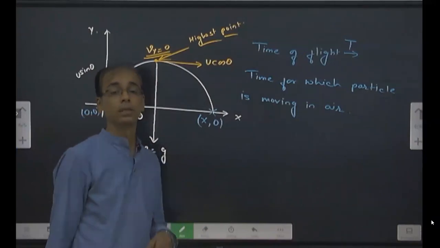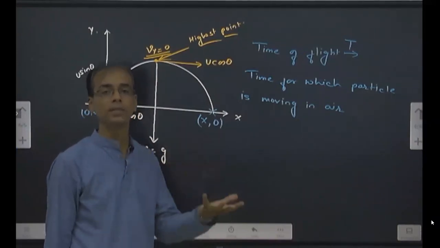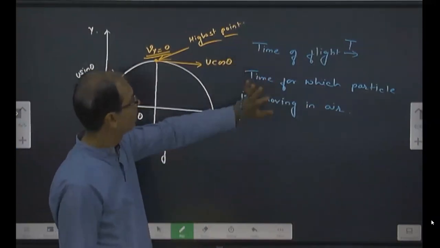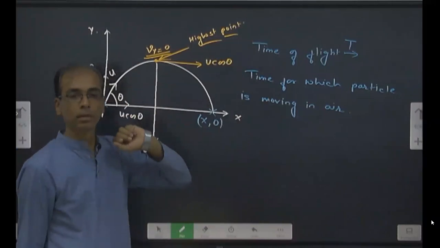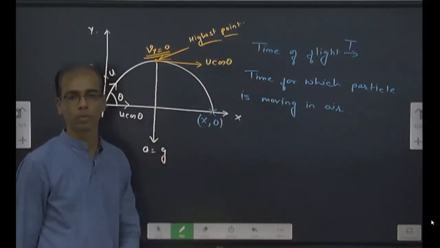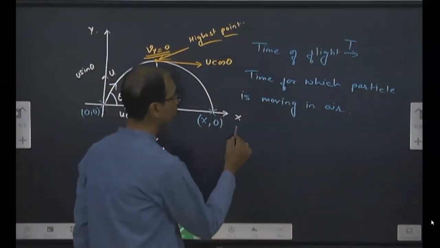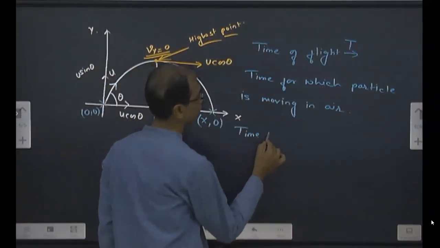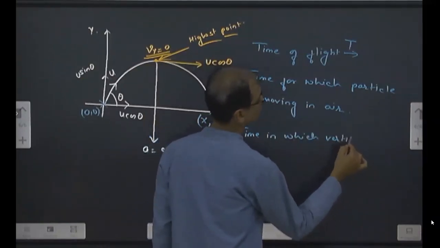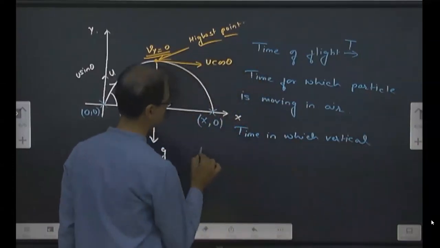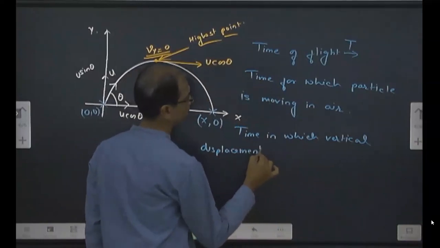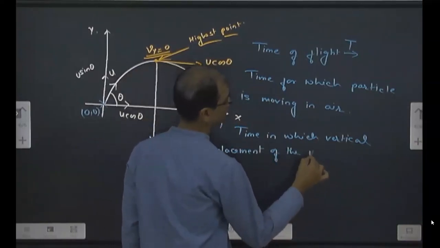It means displacement along y-axis is 0. Okay. It means when I am writing time of flight in this case, displacement along vertical direction is 0. So time in which vertical displacement of the particle is 0.